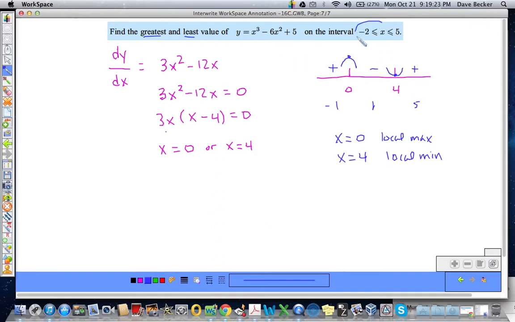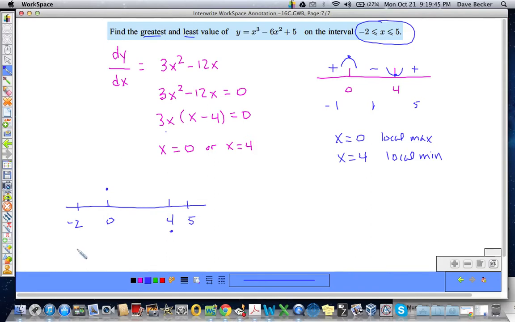Okay? And if we don't have a graph, we have to check that interval. Let me show you what I mean. So let's say this is -2 and this is 5. We really don't know what this graph looks like, but we know at 0 and at 4 I have a local max and a local min, right?